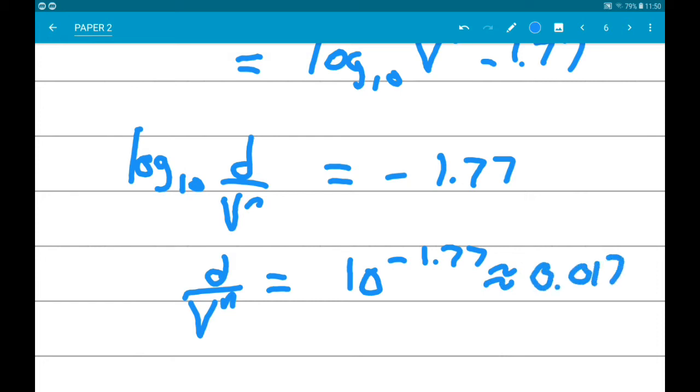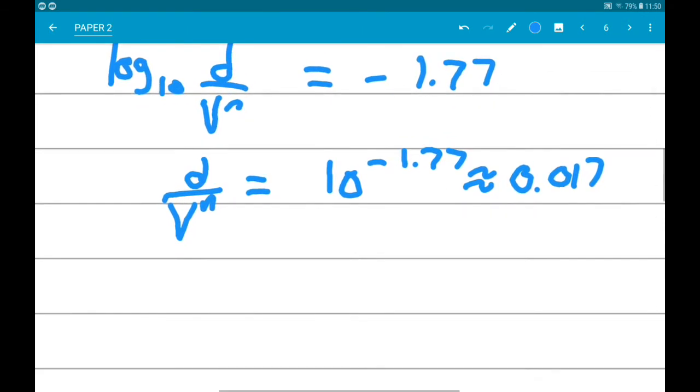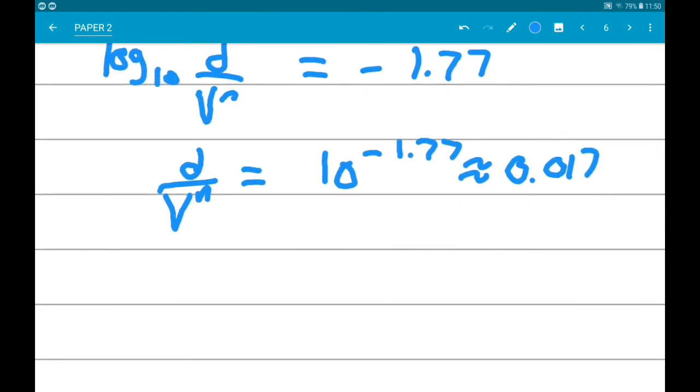So then, finally, d is approximately, actually, just going to use equals, so d is equal to 0.017 v to the n.